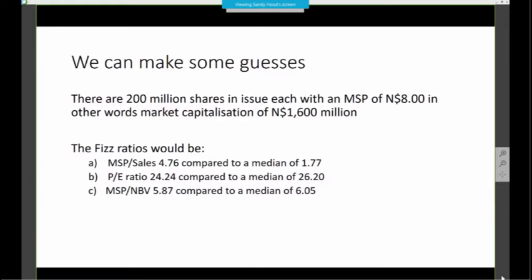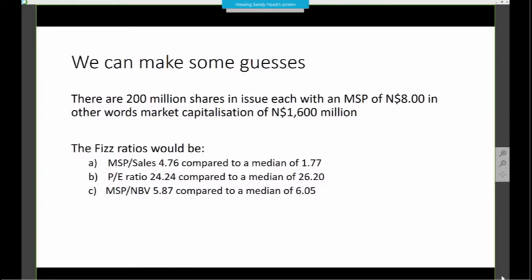So that would mean that we could work out some ratios for FIS, and we would start off with a market share price to sales of 4.76, which is well above the median value of 1.77.